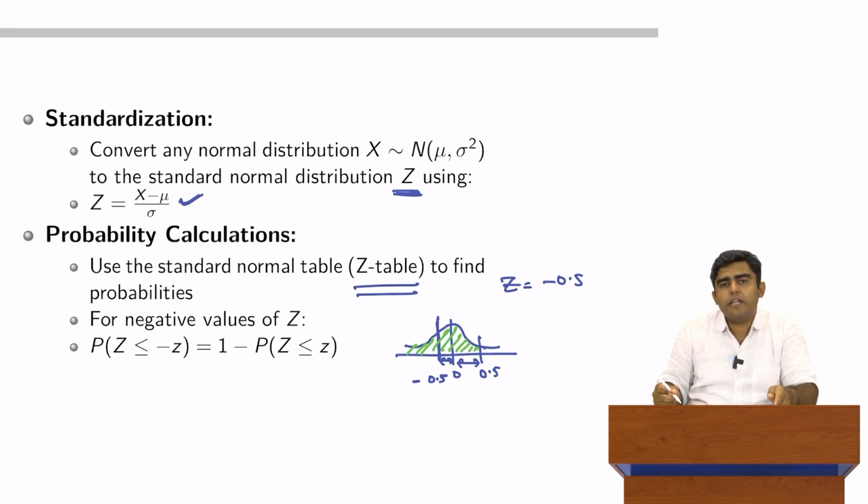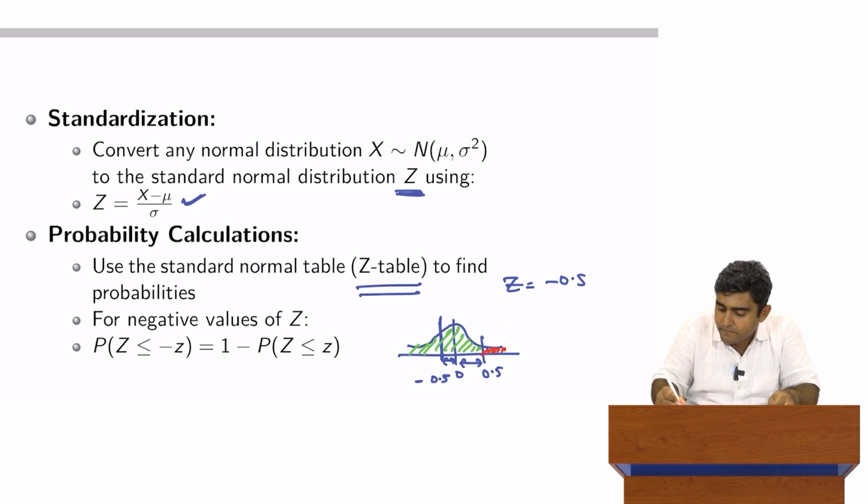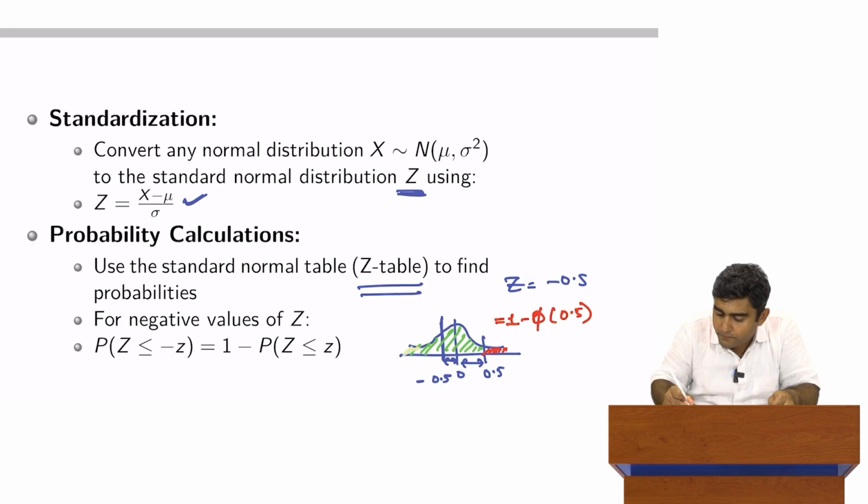We know that the area under the PDF is equal to 1. Hence, I can always calculate this red area as 1 minus phi of 0.5, and this essentially is also the probability of the area that I just shaded now, because the areas that I have marked as A and B are equivalent.